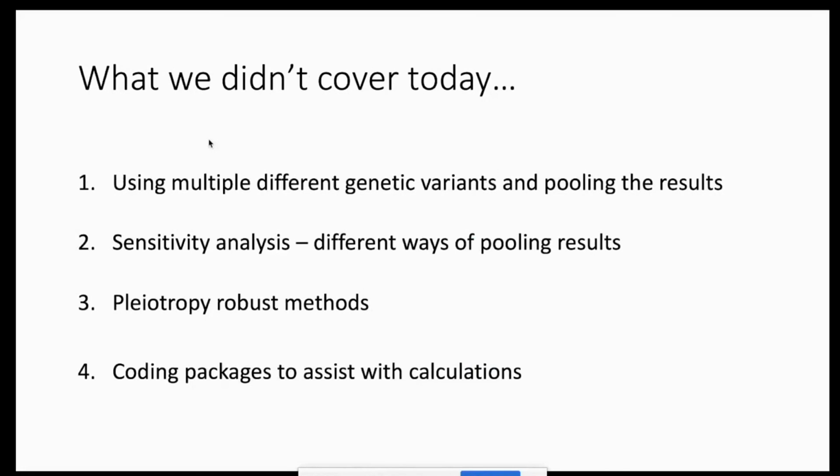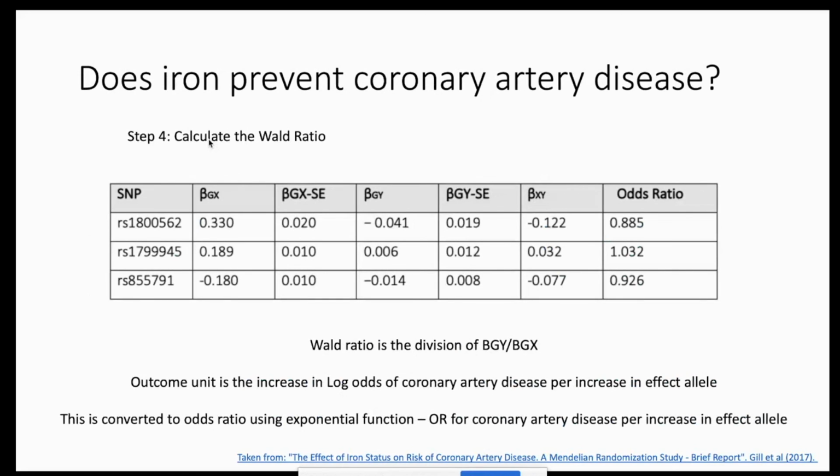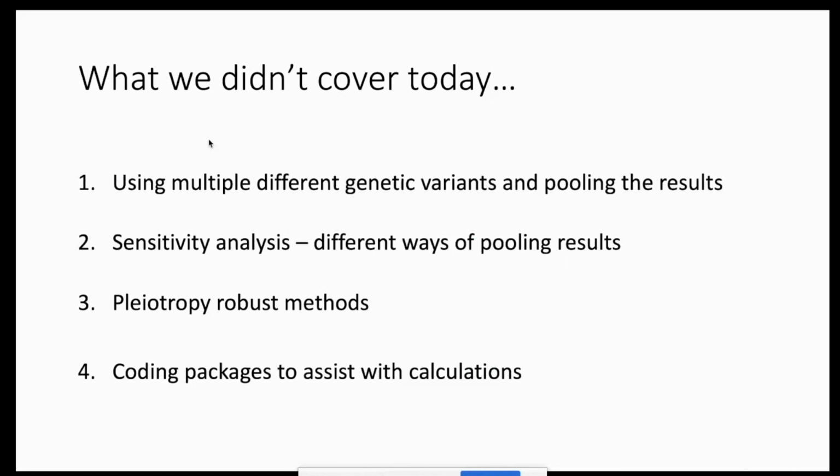We need to make sure that the variants are valid representations for the exposure and the outcome. Today we've done the calculation by hand. However, there are coding packages in R that will assist with calculations. They can be quite useful, but it's also important that we understand the actual mechanics and the basic mathematical concepts that underpin Mendelian randomization, to fully understand our analysis.